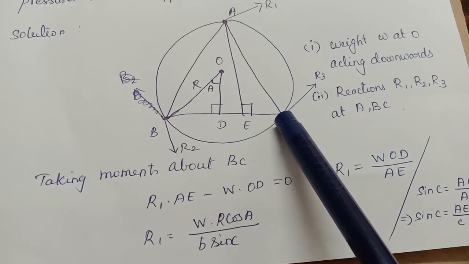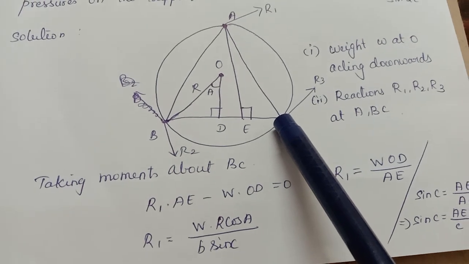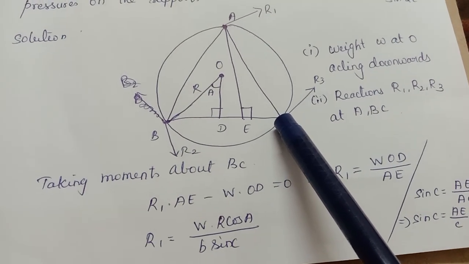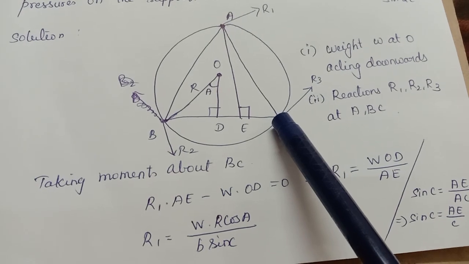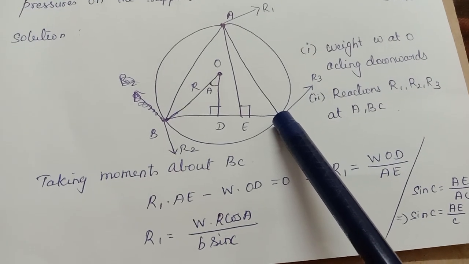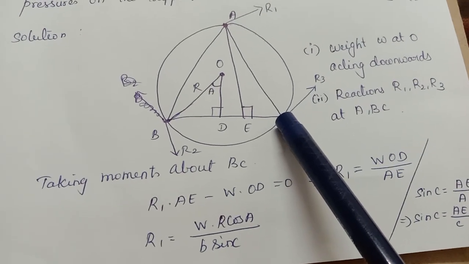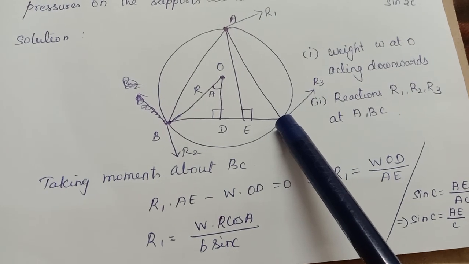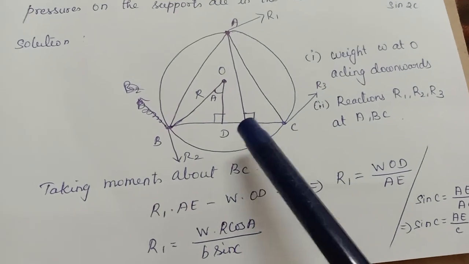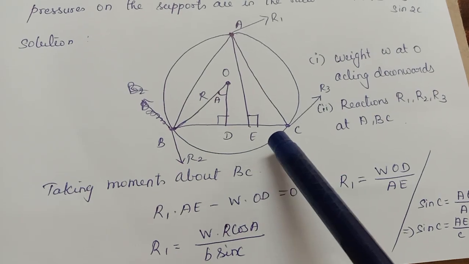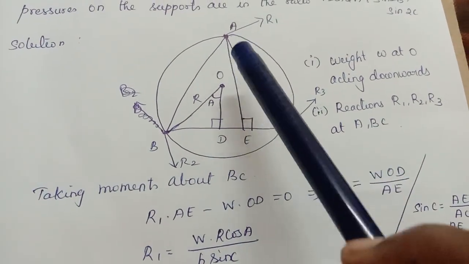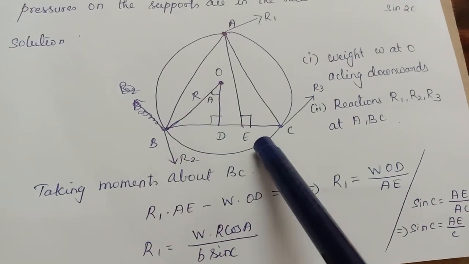See, in the previous problem, they had given that the resultant is passing through the orthocenter. So all the three forces have a resultant, and that single resultant is passing through a point. So for me, it was convenient there to take moment about a single point. But here nothing is said about the resultant. So I have four forces which are acting at four distinct points.